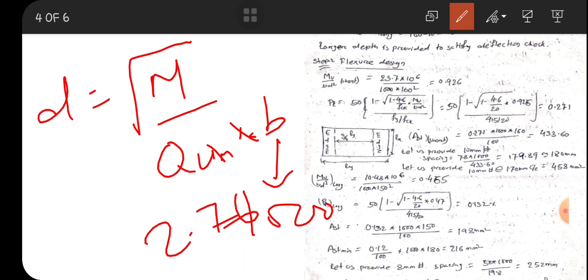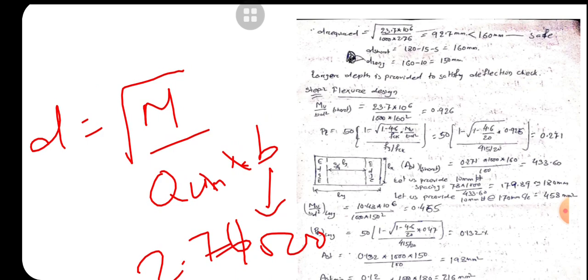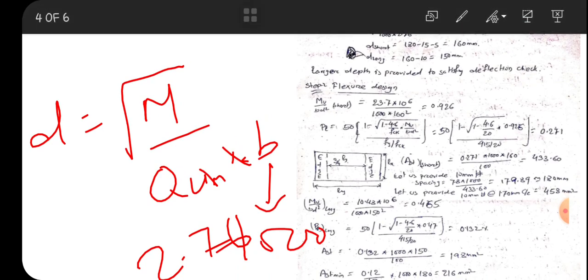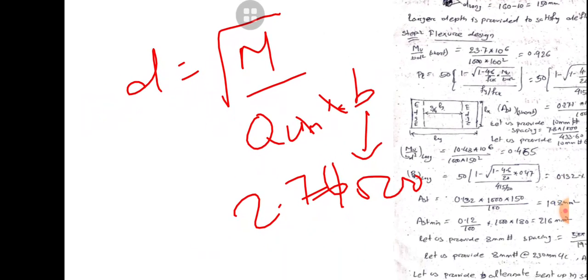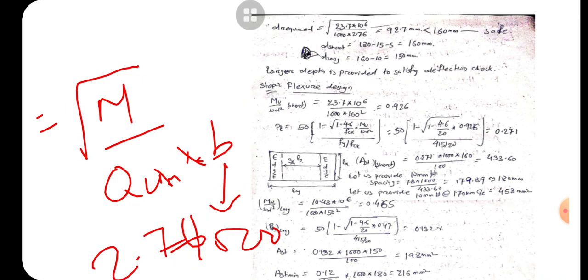Then we can calculate the depth, and the depth is coming 92.7, but we have provided 160 mm. Therefore we can check in the short direction and long direction whether the depth is safe or not.